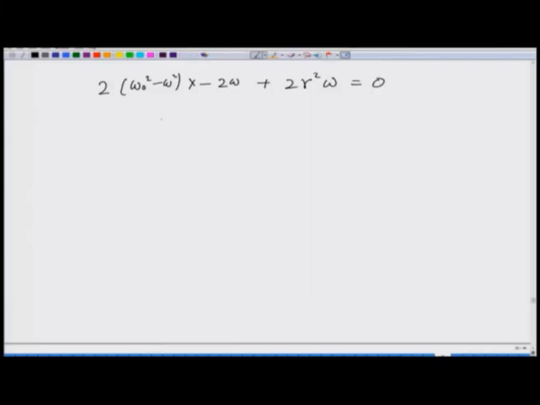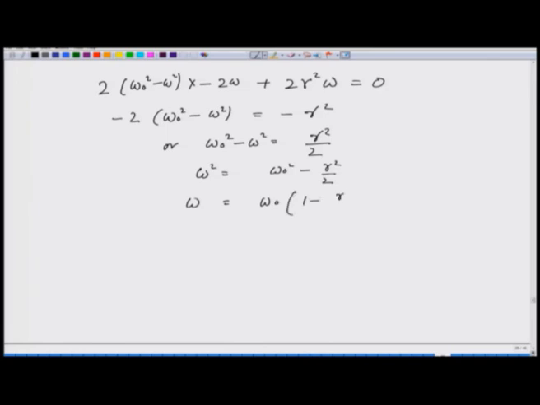So, this gives me omega 0 square minus omega square minus gamma square over 2 is equal to 0, or omega 0 square minus omega square equals gamma square by 2, omega square equals omega 0 square minus gamma square by 2, omega is equal to, I can take omega 0 out, 1 minus gamma square over 2 omega 0 square raised to 1/2.